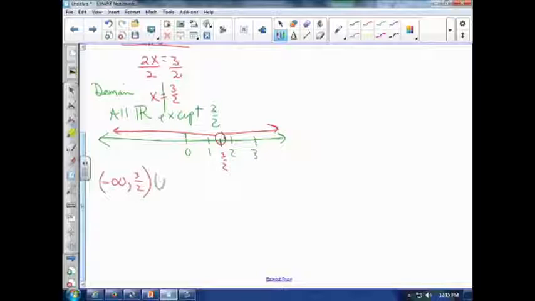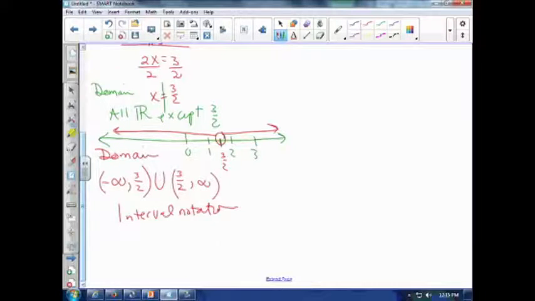And then we're going to take the union with the second interval, which starts at 3/2, but 3/2 is not included. So again, it's an open interval going all the way to infinity. So this is the interval notation of the domain. So that's the domain of this rational function.